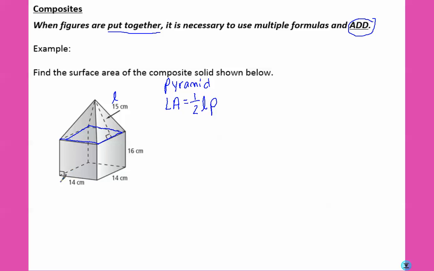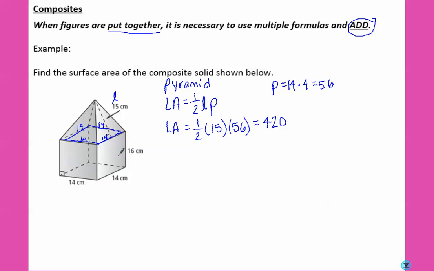Since the top of the box would be the same as the bottom of the box, we know this is 14, 14, 14, and 14. So P would equal 14 times 4, which is 56. So our lateral area is 1/2 of 15 times 56, which gives us 420. So that takes care of the top of the house shape.